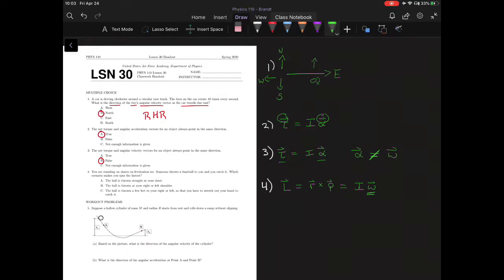Which of these is going to make you spin the fastest? So of these, which of them comes into play? Well, P is just mv, so we could rewrite this as R times mv times sine of theta is equal to I omega, because it's a cross product. So we want to know what impacts omega the most.